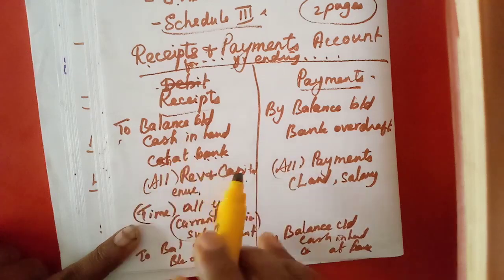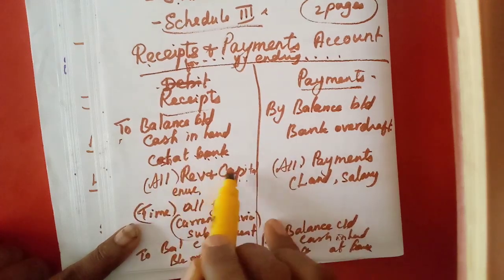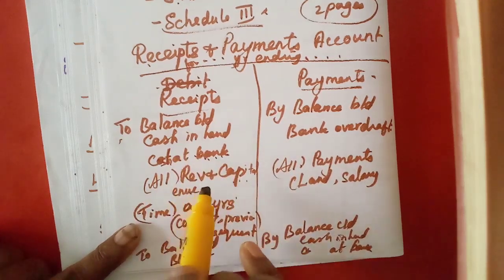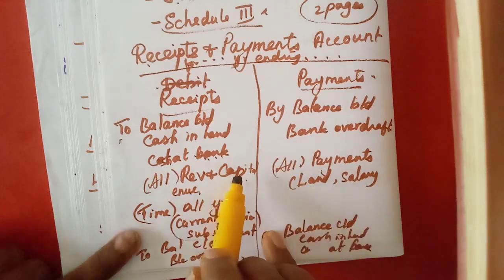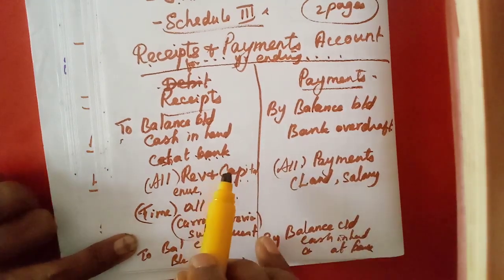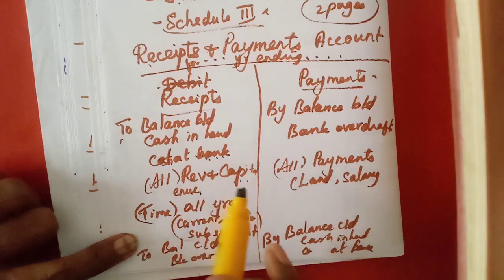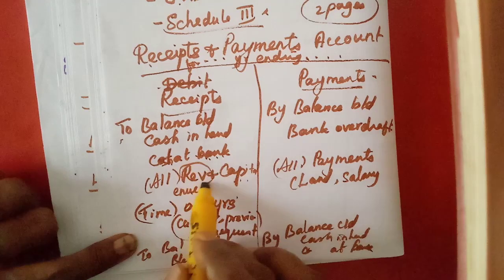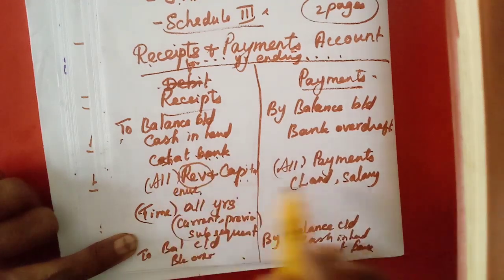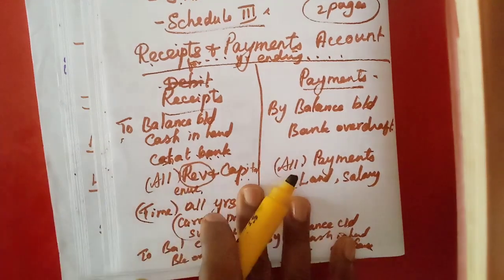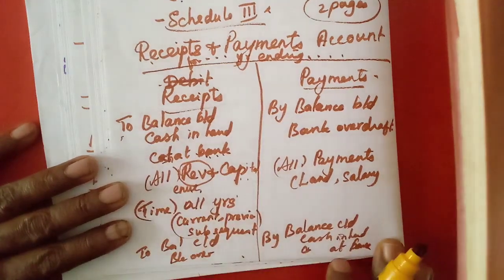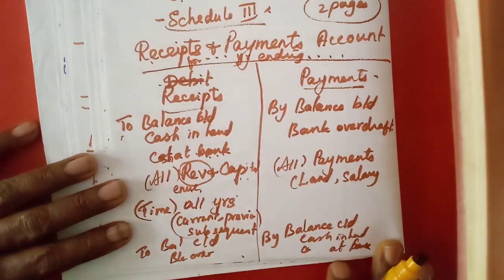In the same way, here all revenue and capital nature receipts and expenses can be entered. But in the income and expenditure account, we have to enter only revenue receipts and revenue payments. Okay, so here in the receipts and payments account, do not worry about any of these things.